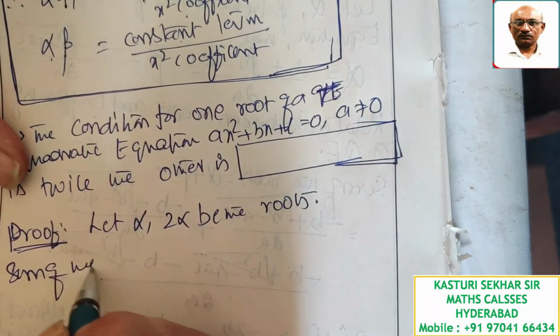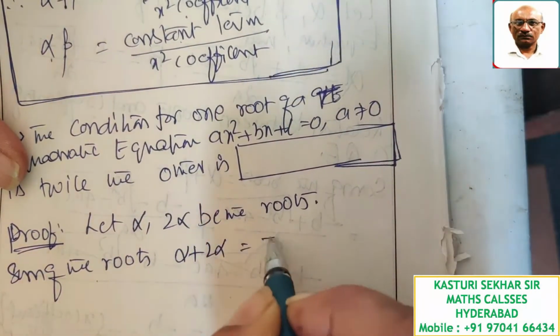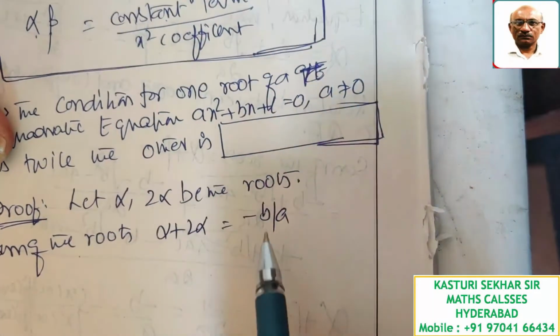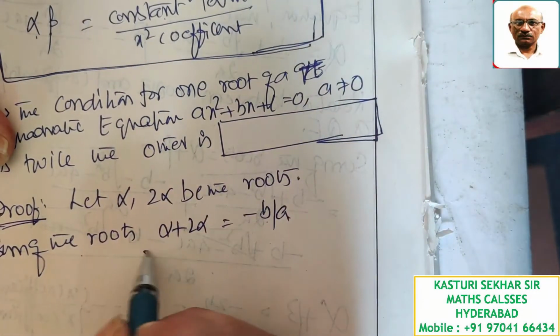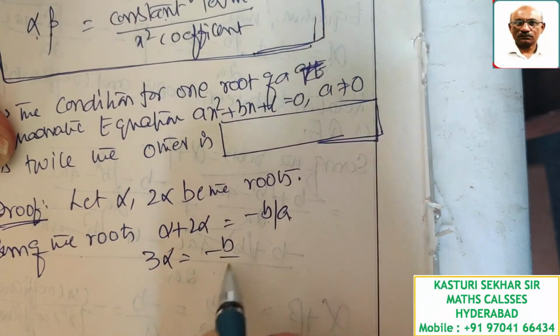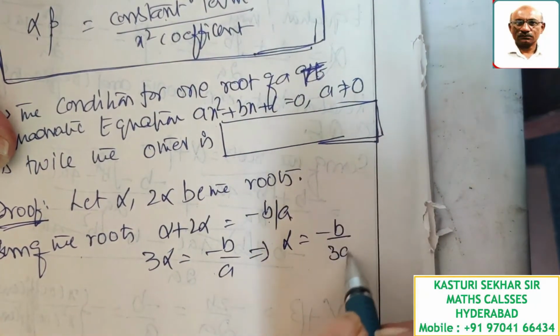Sum of the roots. Alpha plus 2 alpha is minus b by a, minus of x coefficient divided by x square coefficient. 3 alpha is equal to minus b by a, implies alpha is equal to minus b by 3a.